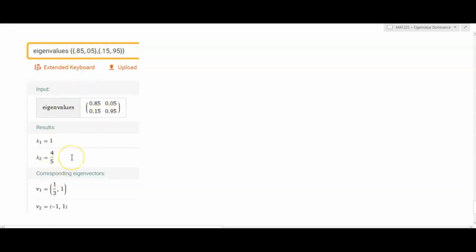So here they are. And now what we're going to do is, again, start off by writing our initial state as some multiple of v1 plus some multiple of v2. So we're going to solve for k1 and k2.